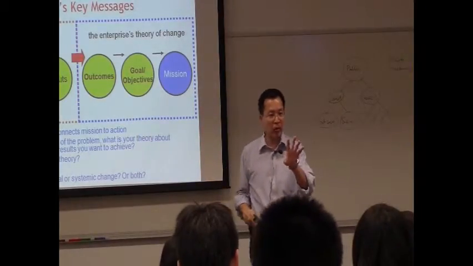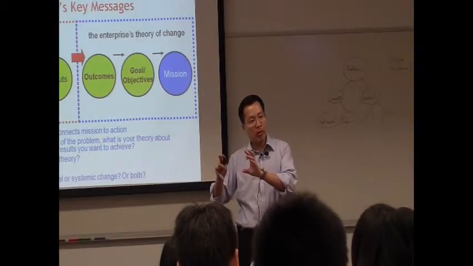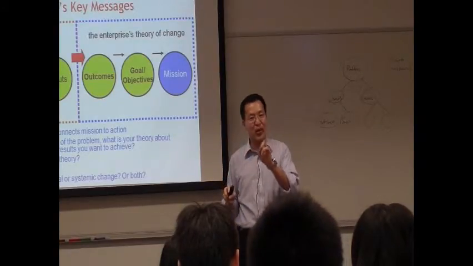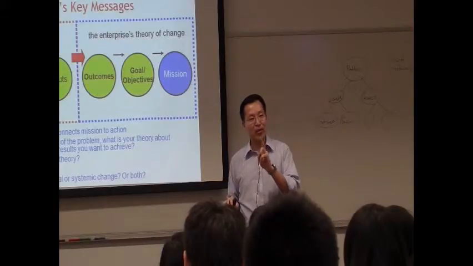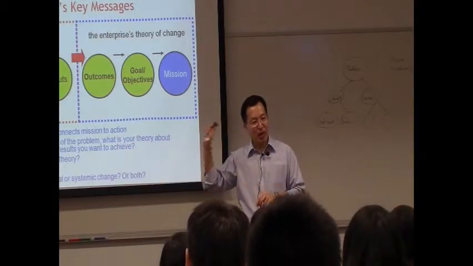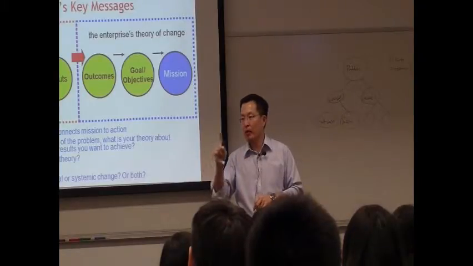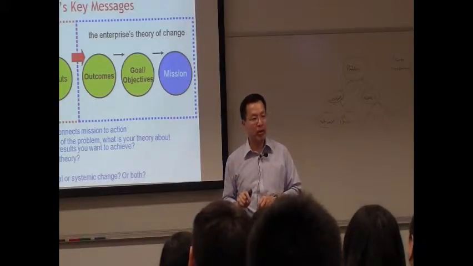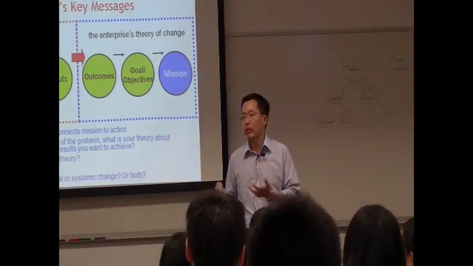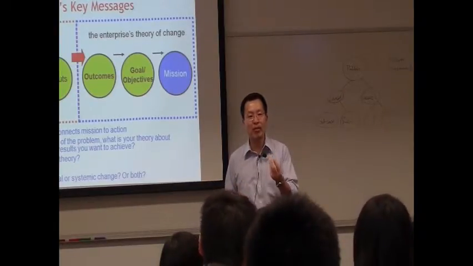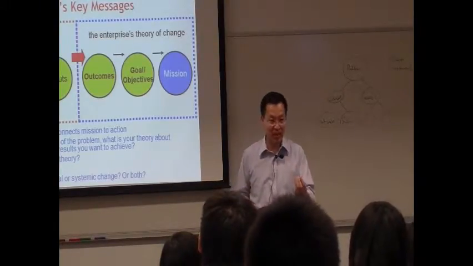Because your company, your social enterprise, have this output. So now, this is the critical part. Not many students understand. Why do we have outputs and then we have outcomes? Outcomes and outputs are very different. Very different. Outputs, as I have previously mentioned, is a kind of quantified result.